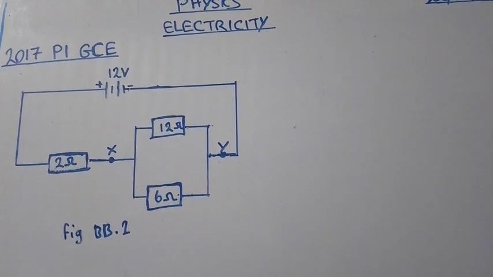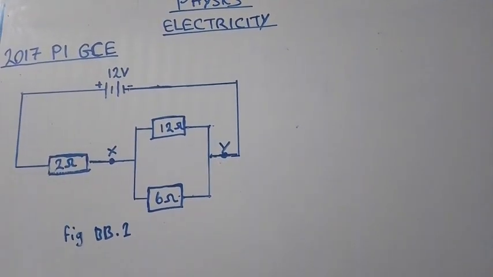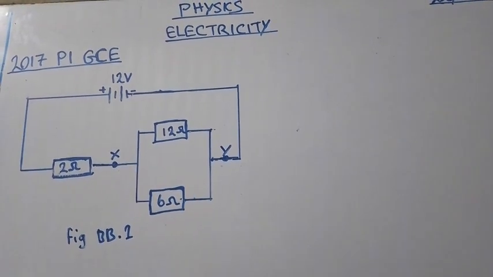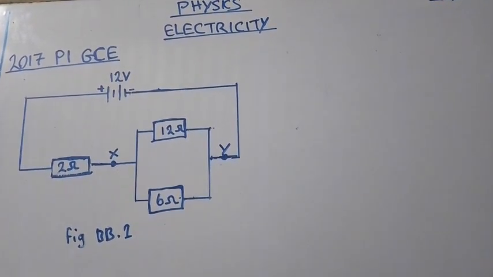The question goes as follows. Figure BB1 shows 3 resistors connected to a 12-volt battery.